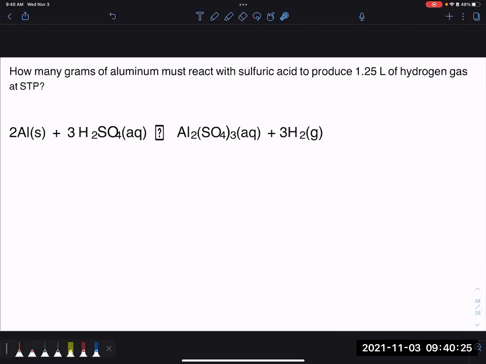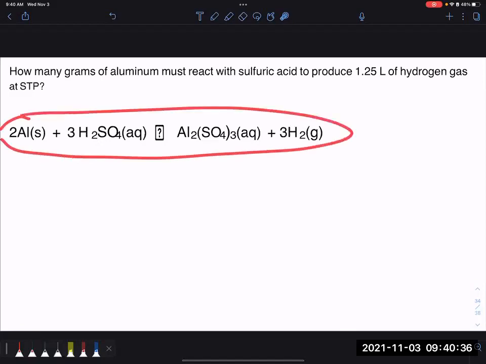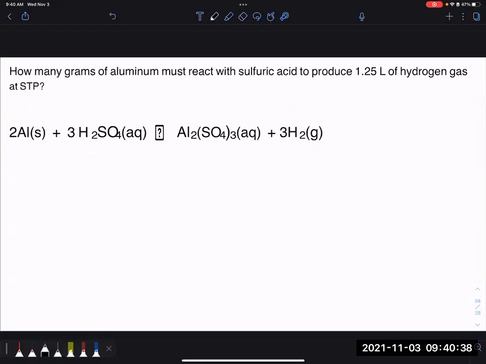So let's just use what we know. We've got 1.25 liters of hydrogen gas at STP. For our equation, we're going to need to go to moles, so let's write up a solution diagram. You've got liters of H2, and I want to convert that to moles of H2.